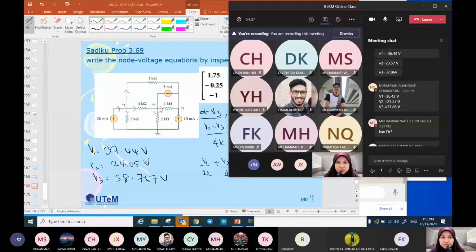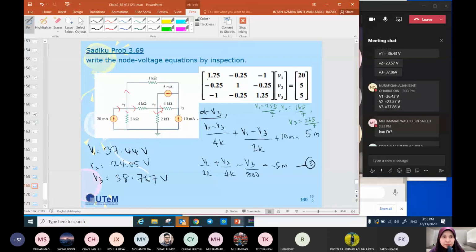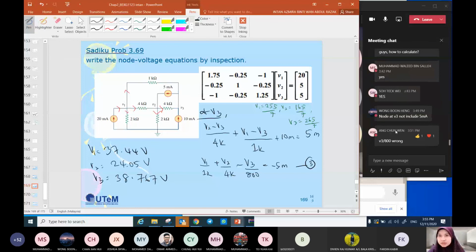Okay, since this equation, okay, so I think we can accept. Okay. How's your answer, Wiley? Who else? Wong Boon Heng.